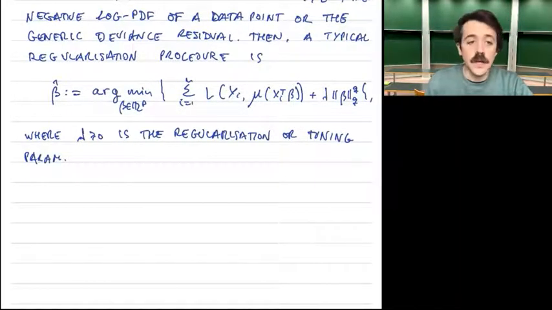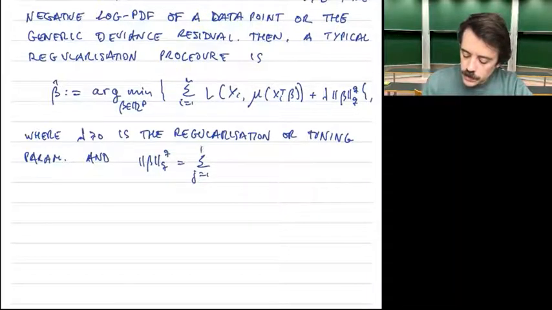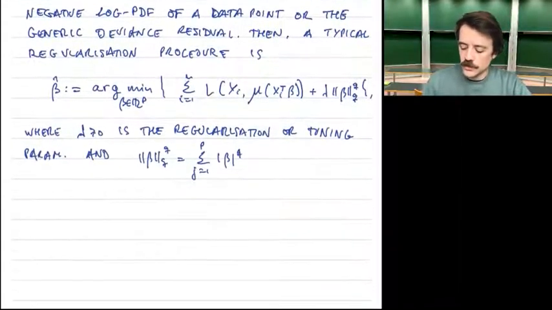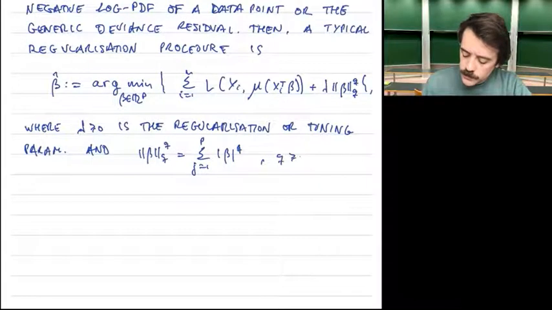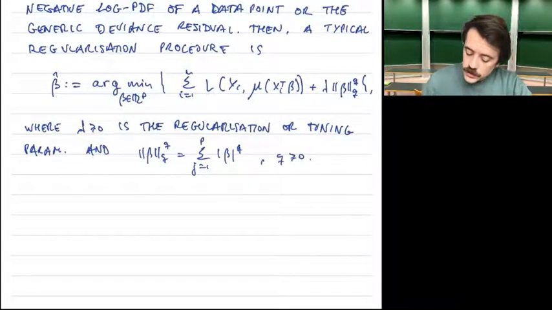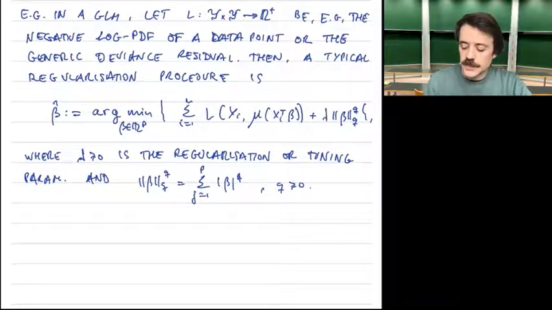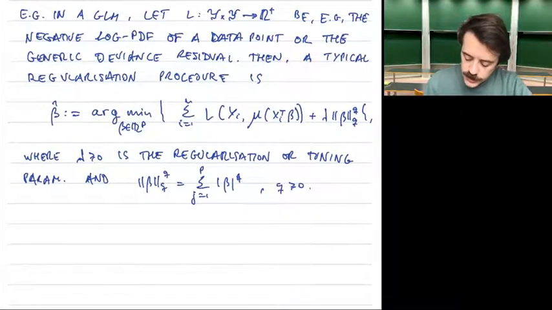And I define this norm of beta to the q as the sum from j equal 1 to p of the qth powers of the beta_j, and then q has to be non-negative. Good. So this is for GLMs. Now, for the rest of the session, we're going to focus on the linear model.